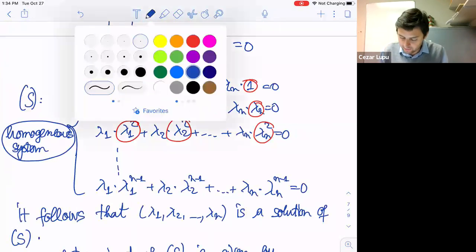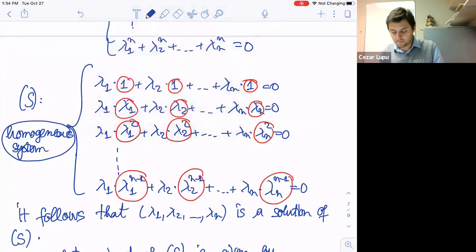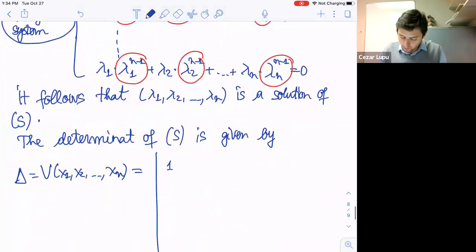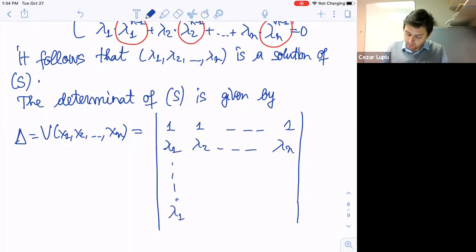It will be formed by these coefficients: 1, 1, 1, then lambda 1, lambda 2, lambda n, all the way to lambda 1 to the power n minus 1, lambda 2 to the power n minus 1, lambda n to the power n minus 1.